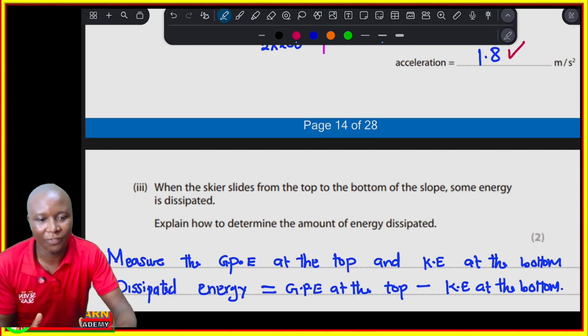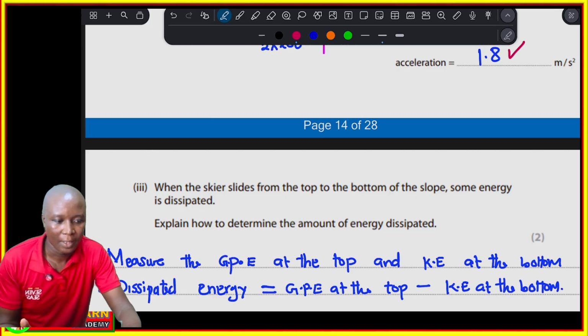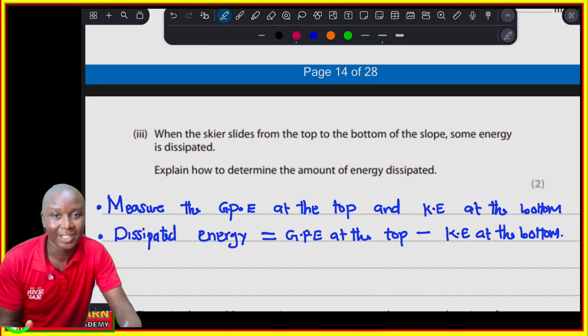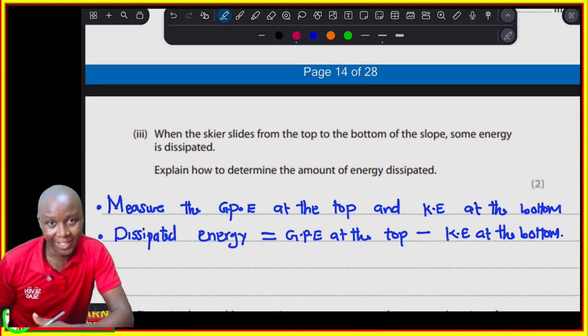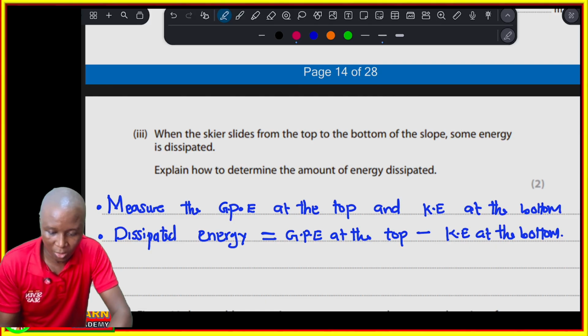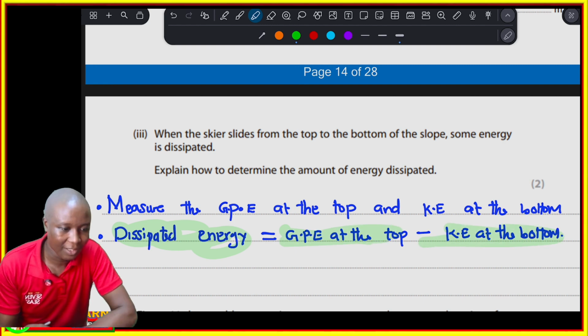Because energy is being transferred from one form to another, we expect the energies to be the same. But since at the lower end we are going to have less energy, it means some energy was dissipated. So the dissipated energy will be the energy at the top minus the kinetic energy at the bottom.